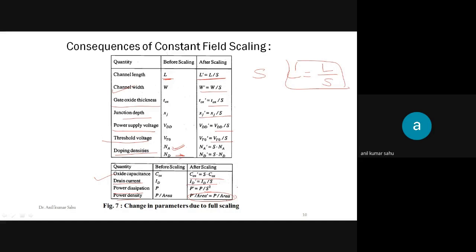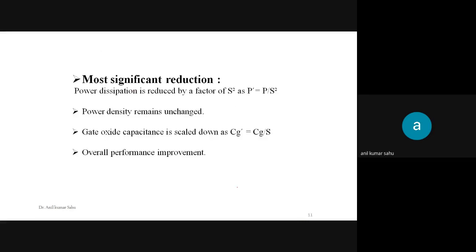That is how we do constant field scaling. So what is the most significant reduction? Power dissipation is reduced using constant electric field scaling. Power dissipation is reduced by the factor of S square.